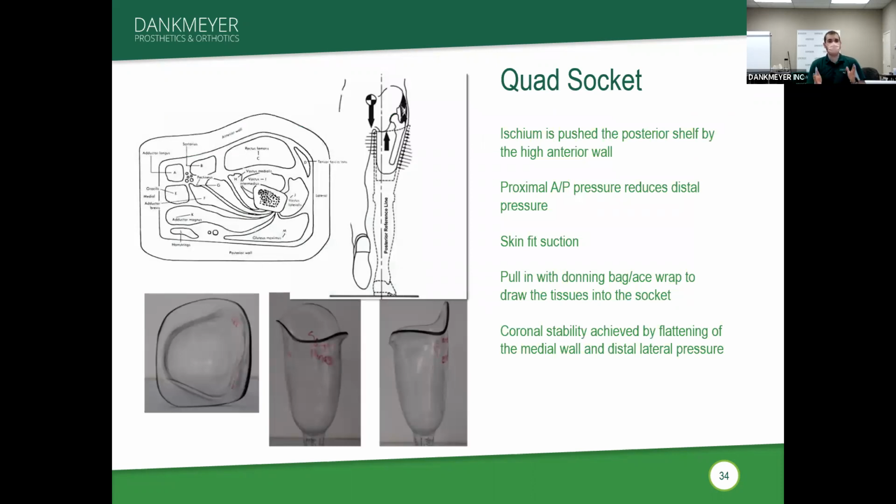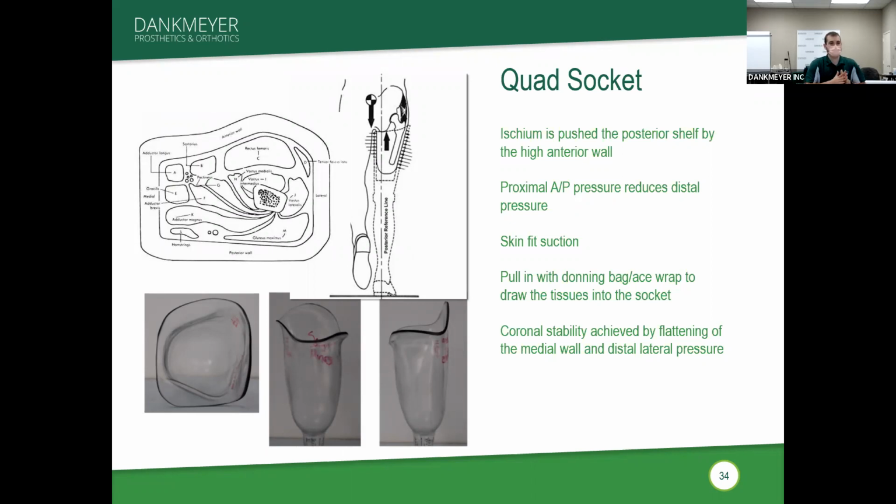And we'll get into a bit more specific. So a quick review about the quad socket. The ischium is pushed onto the posterior shelf by the high anterior wall. We're pushing them back onto that seat and keeping the weight-bearing forces on that posterior shelf. It's a very square shape. It's typically pretty easy to distinguish a quad socket.